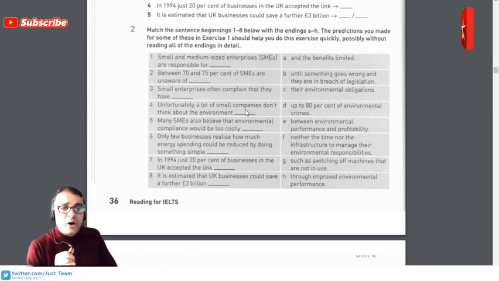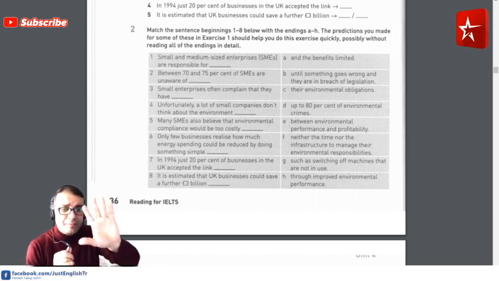Okay, what about number 4? Who said B? Nur Sina said B, and it's the correct answer. 4 is B, correct.